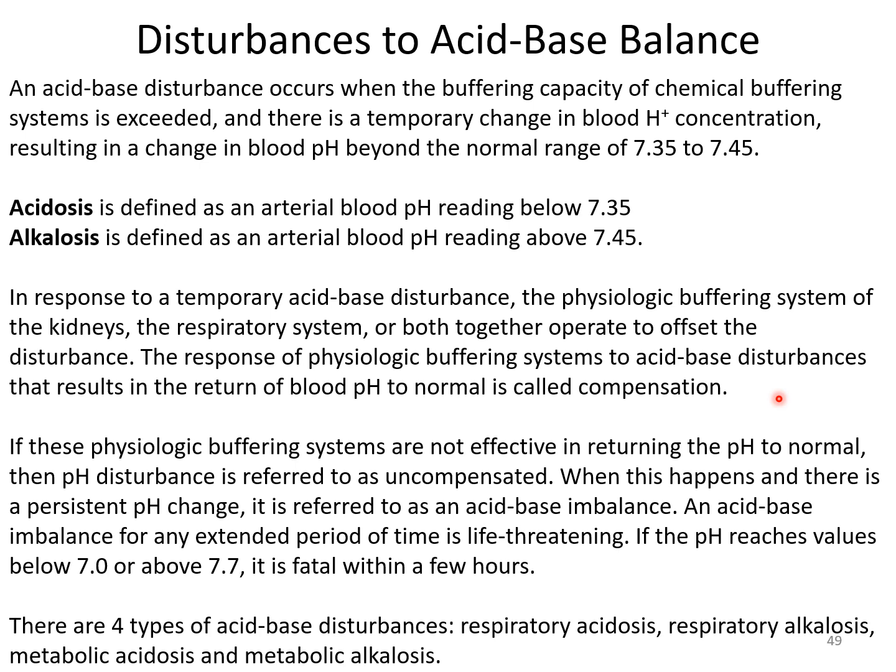There are 4 types of acid-base disturbances. 2 of them are acidic, and 2 of them are too alkaline. 2 of them are associated with respiration, and 2 of them are associated with metabolism. So we have respiratory acidosis, respiratory alkalosis, metabolic acidosis, and metabolic alkalosis.